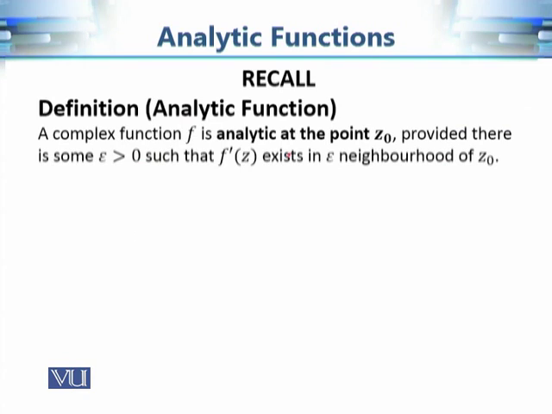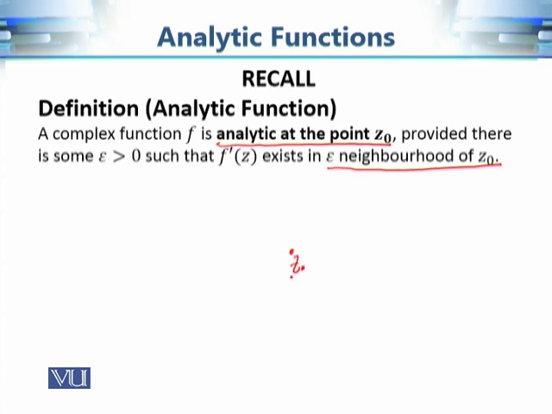A function is analytic at a point z0 if there exists some epsilon neighborhood of this point z0 such that this function has a derivative at each and every point in that epsilon neighborhood.